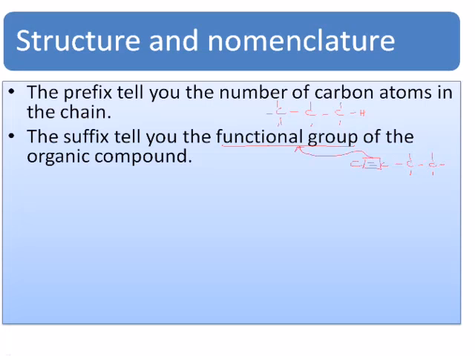This is what we call a functional group. A functional group is that part of an organic compound that will determine its physical and chemical properties. So when an alkene reacts, the physical and chemical properties are usually determined by the functional group. The suffix will tell you what type of functional group it is. If I've got "ene", it means there's a double bond. If I've got "ane", it means there are no double bonds. That's what it simply means.